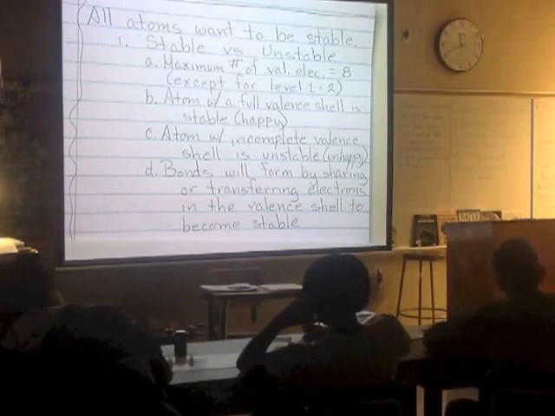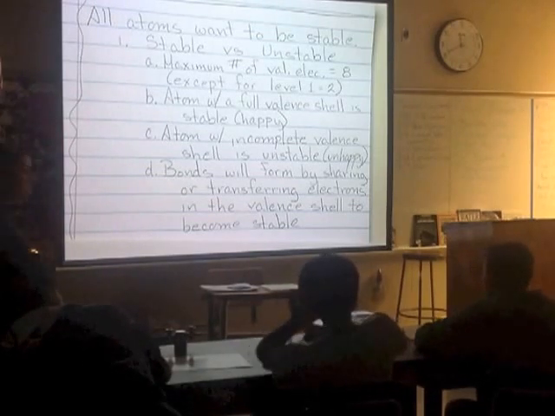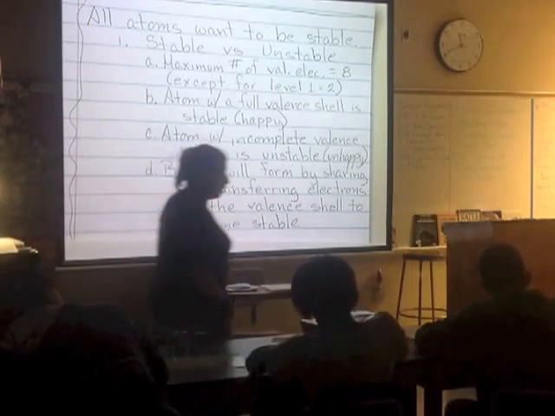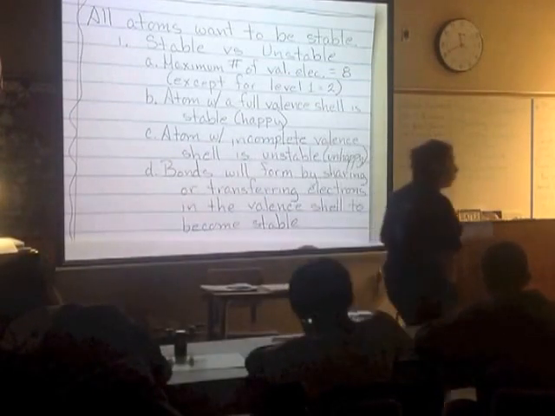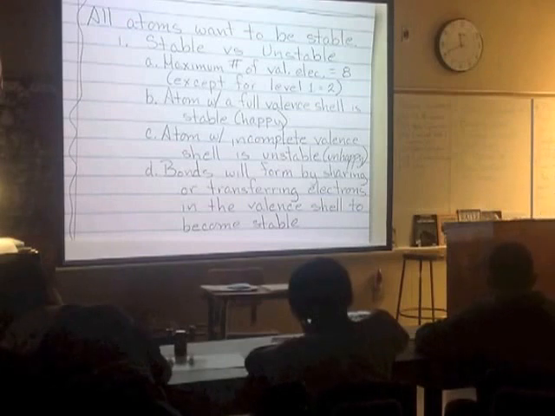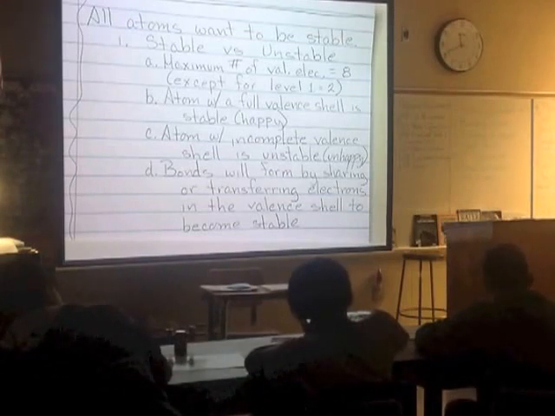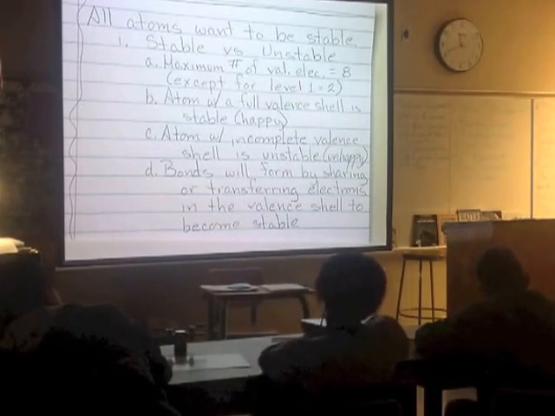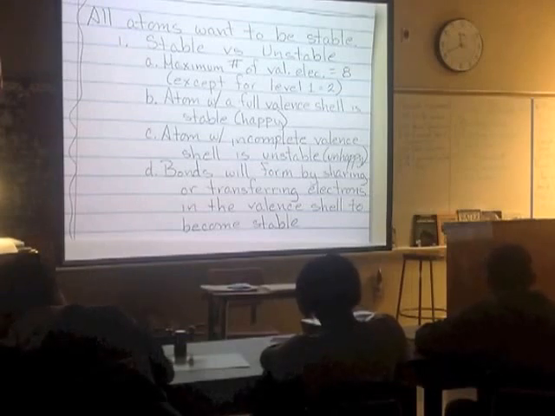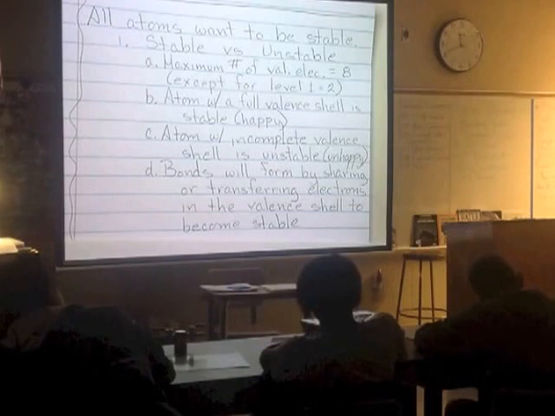If an atom is full, meaning if an atom has 8 valence electrons, it is considered stable or happy. That's why the elements in group 18 are stable. The noble gases do not react with anything else because they are already stable by themselves. But every other element on the periodic table is unstable.